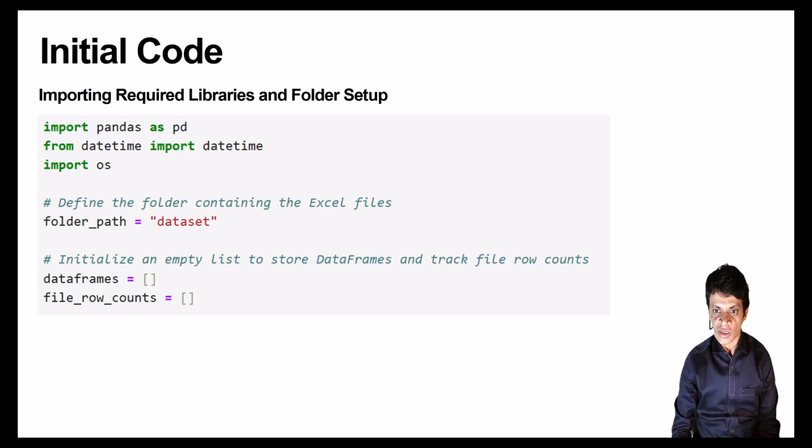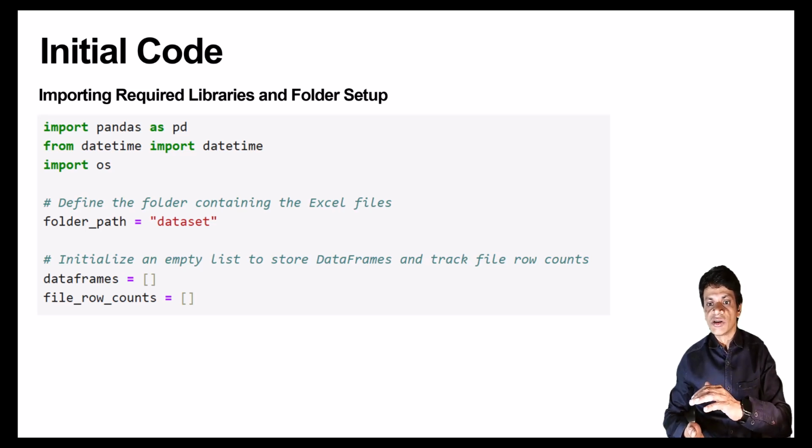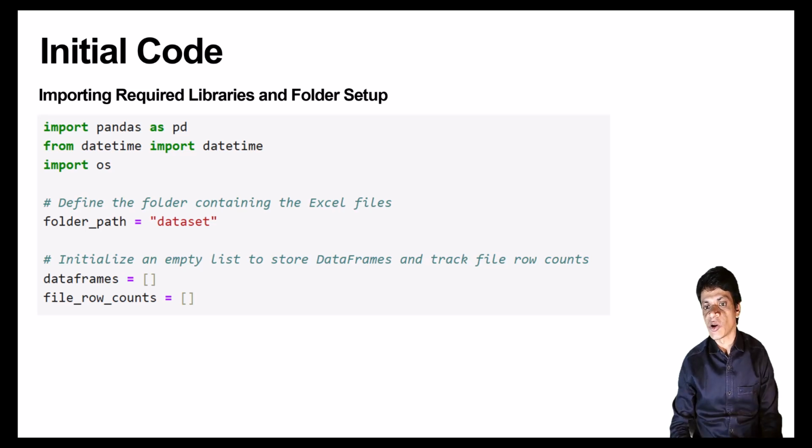Data frames we use for combining the files, and file row count will get how many records are in each and every file. At the end, we'll check the total file row count against the combined data. If both match, that means the script is executed properly and all the data is there. If not, we need to go back and check where the issue is.